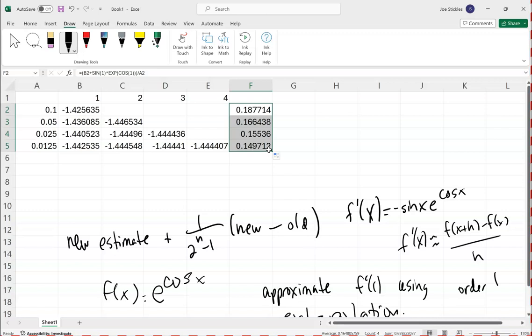We could do other approximations. We've done it with derivatives, and like I said, we do it with derivatives because you're used to estimating derivatives in calculus. It's one of the first things that you do in calculus. But this extrapolation formula will work for any approximation that you have. It'll work for those approximate integrals from Calc 2.